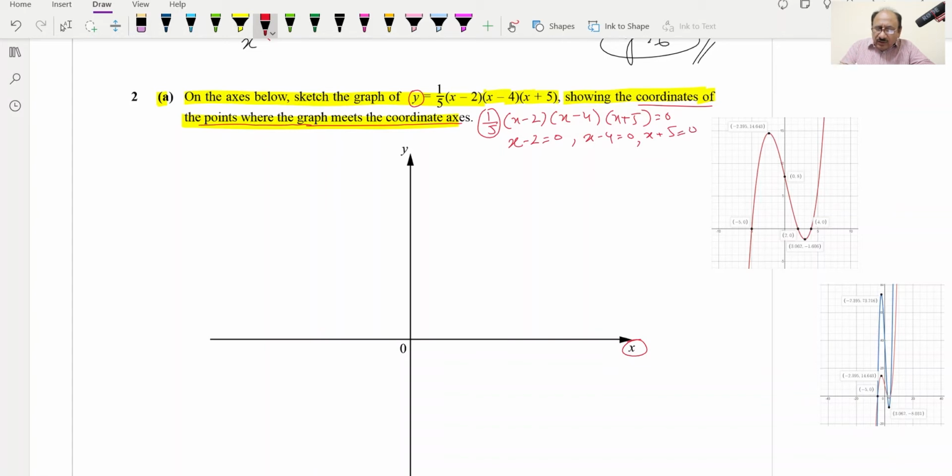And we can get from here x is equal to 2, x is equal to 4, and x is equal to minus 5. So these will be the 3 points of intersection.